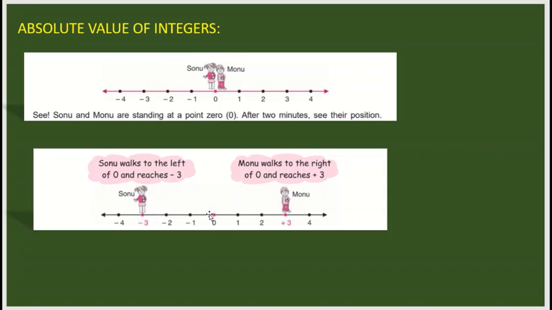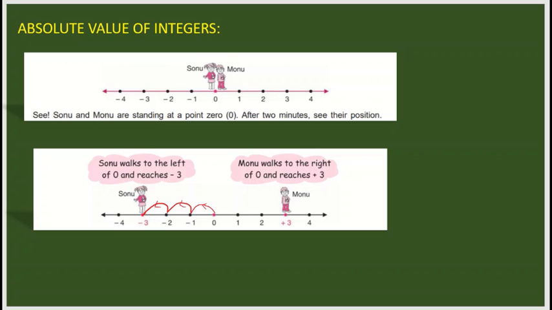So how many units have they moved from each other? Here, how much distance has Sonu moved from 0? Let us observe. How many units? 1, 2, 3. He moved 3 units away from 0.